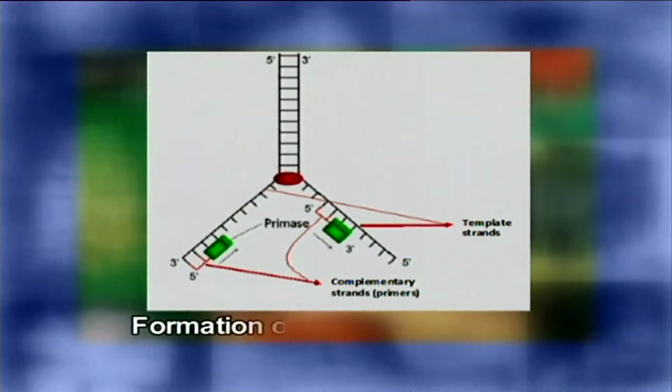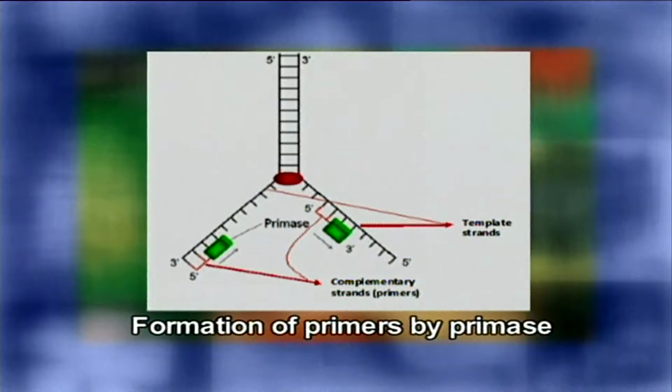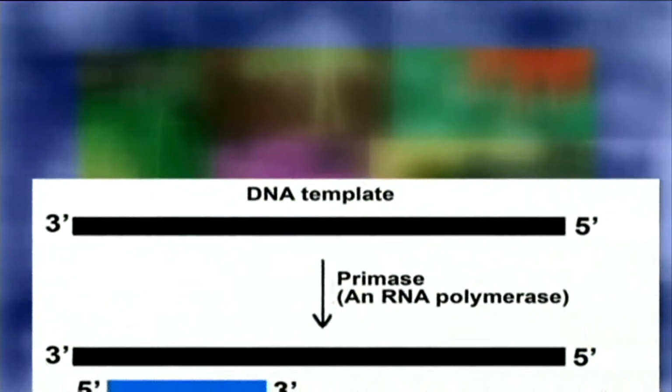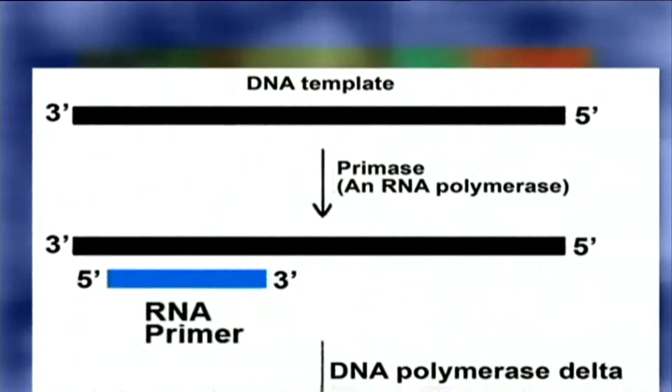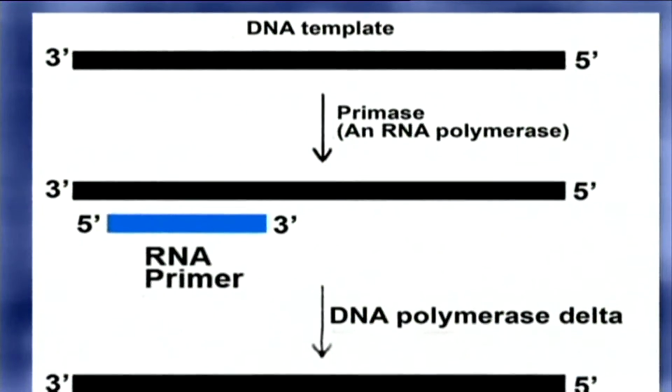RNA primers are synthesized by a DNA-dependent RNA polymerase called primase. Primases can initiate a new polynucleotide strand complementary to a template strand, and they themselves do not require a primer. Primer is synthesized by the primase using single-stranded DNA as template.